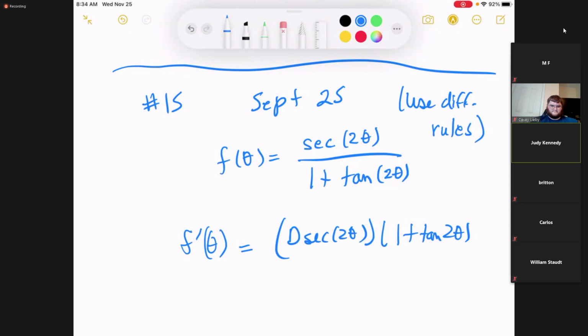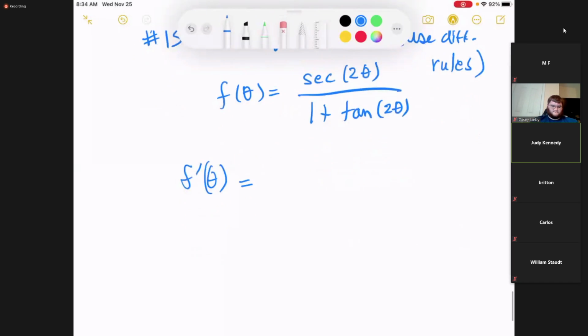Not enough room. Let me just put it on the next line. Don't really like breaking up lines.